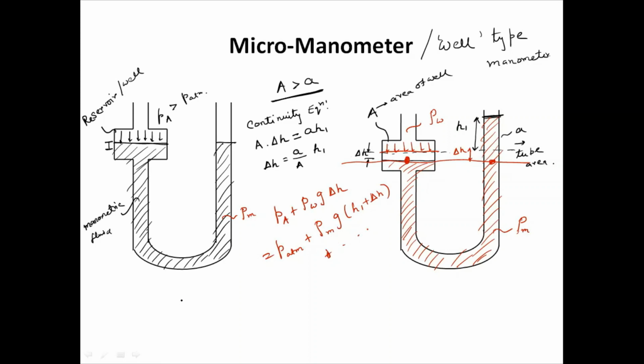In this equation, PA minus P atmospheric pressure, the manometric pressure, we can write as rho M G H1 plus rho M G delta H minus rho W G delta H.